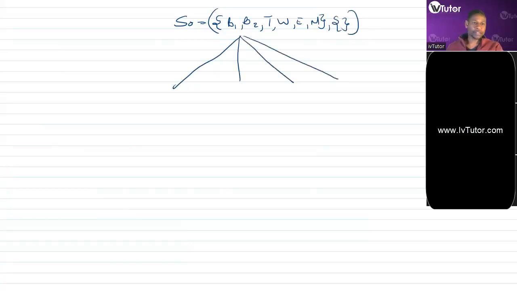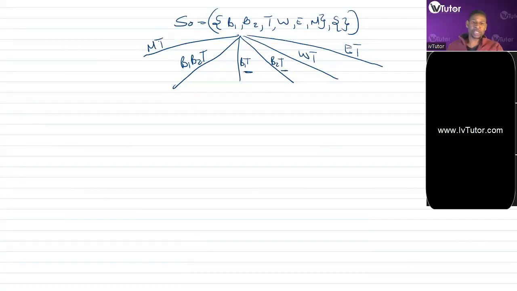We can have B1, B2, T. We can have B1, T. We can have B2, T. We can have WT. We can have ET. And we can have MT. So these two don't really give us much, because once you go, he's going to have to come back in this particular instance.